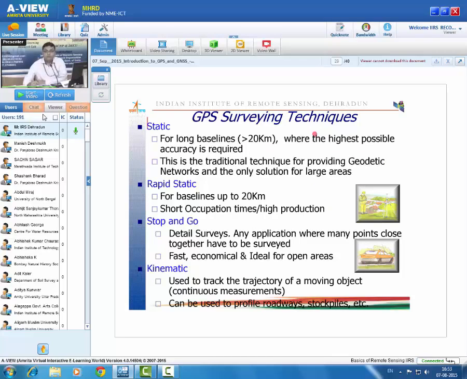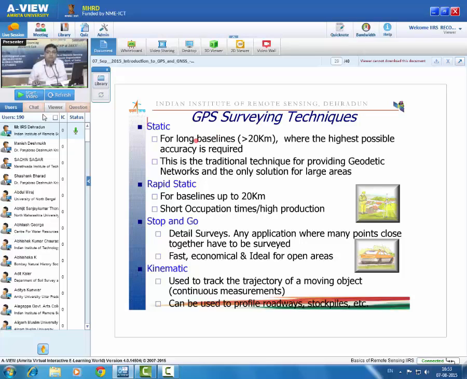Now there are four methods to do the GPS surveying. One is the static method, another is the rapid static method, then the stop and go method, and then the kinematic method. So these are the four methods used to survey. Nowadays we all are using satellite imageries, and we understand that once we get the satellite imagery, we need to georeference it.